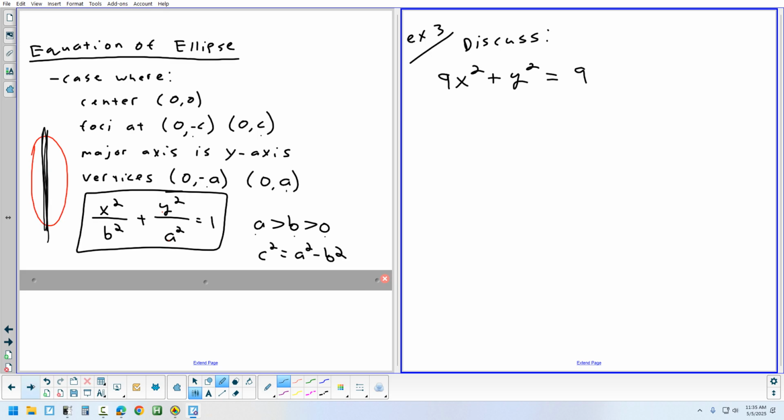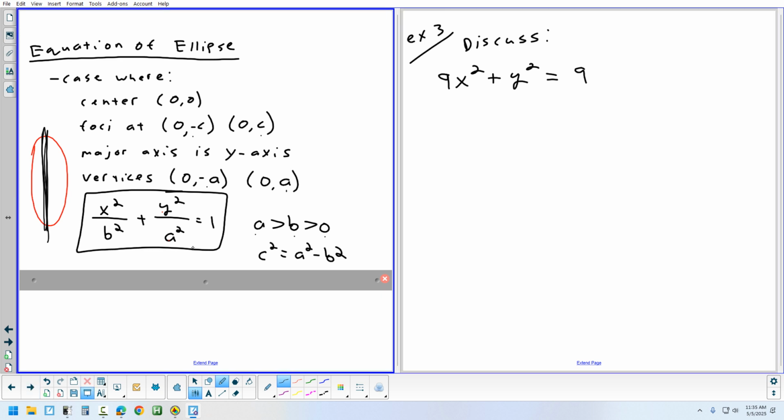All right, so let's try looking at this parabola. So first thing I look at is the equation, and I ask myself, is it in kind of the standard form? Think of this box as standard form. Is that equation set up like the one in the box?